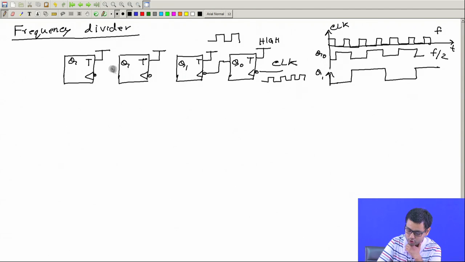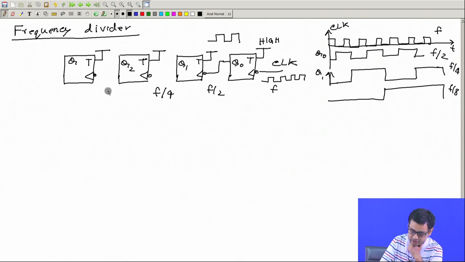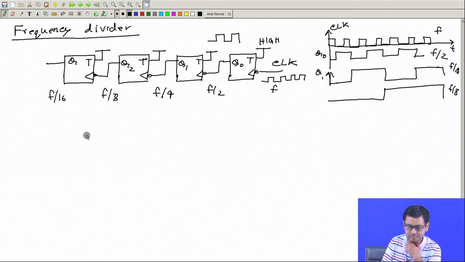And similarly, Q2 will be like this, and you see this is f by 4, this is f by 8, and so on. So this is actually a frequency divider. If this is frequency f, this is f by 2, this is f by 4, this is f by 8, this is f by 16. So this is a frequency divider.